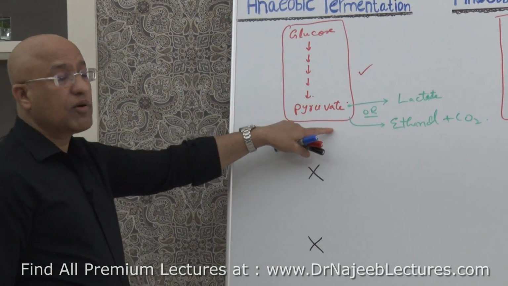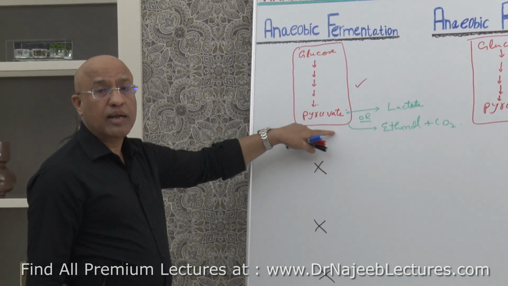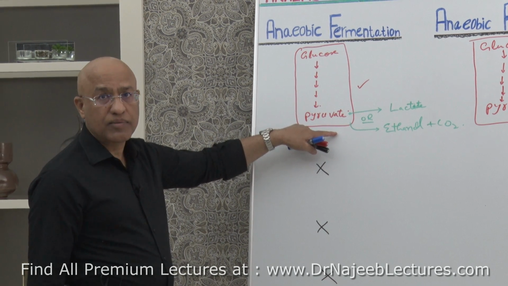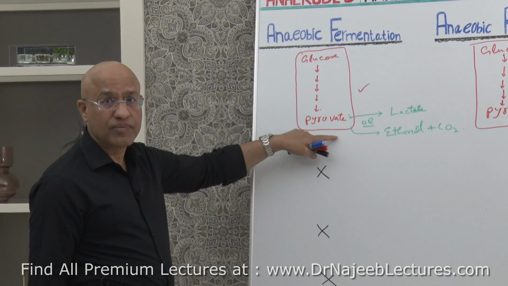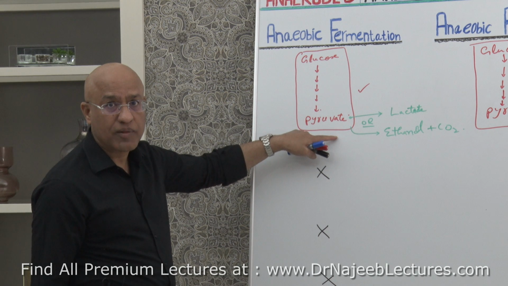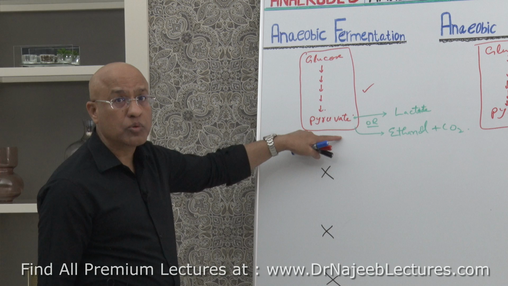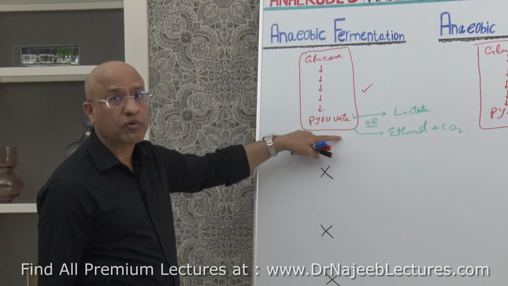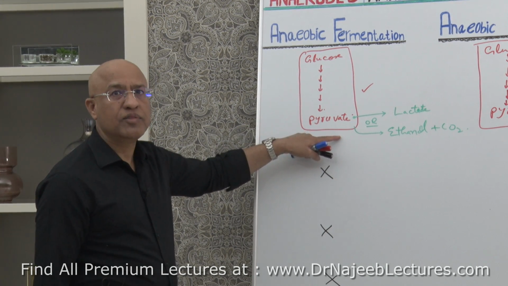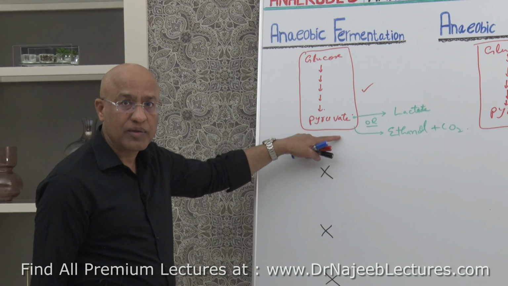And what is the final electron acceptor here? It is not oxygen. That is why it is called an anaerobic pathway, because those metabolic energy pathways which do not use oxygen as the final electron acceptor are said to be anaerobic pathways.